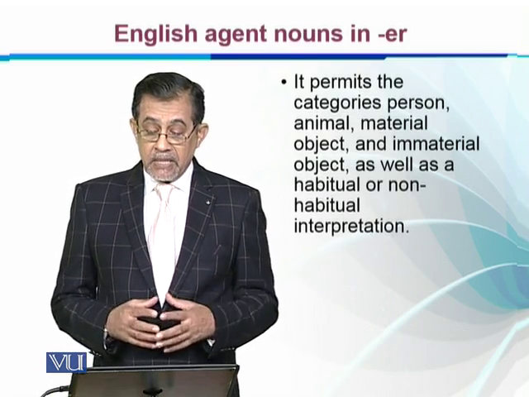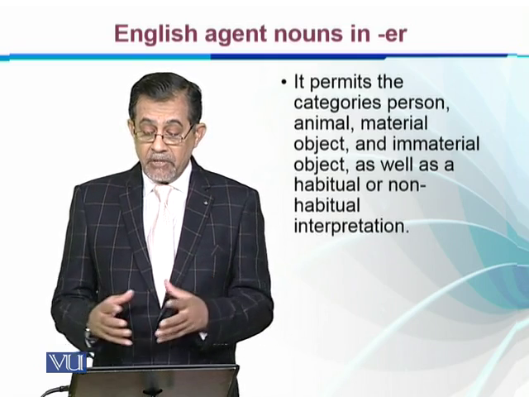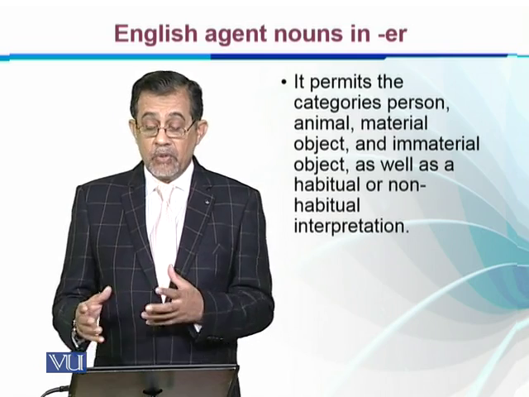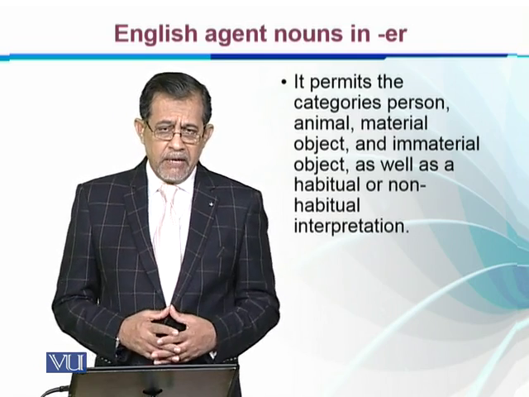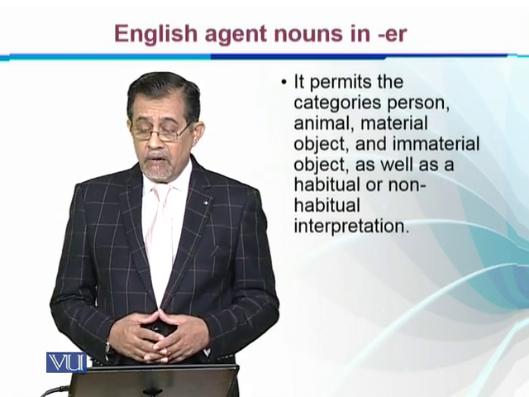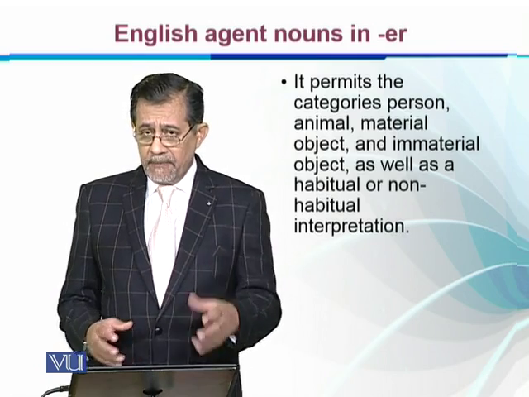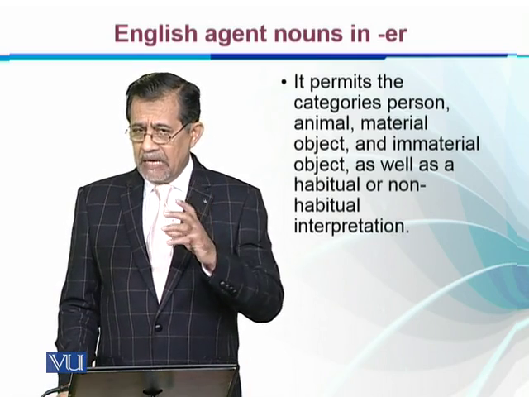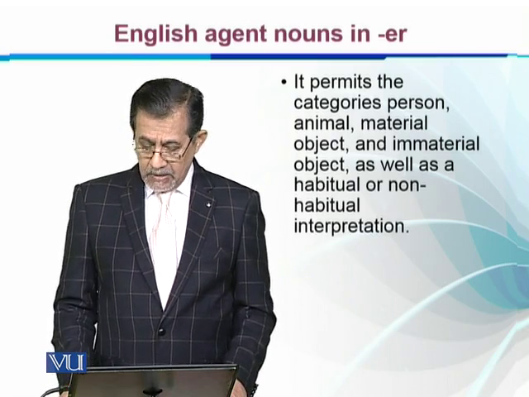It permits the categories person, animal, material object and immaterial object, as well as habitual or non-habitual interpretation. So whenever we find a word with ER, we think of a person, animal, etc., who has these characteristics. So we attach certain meanings to this suffix.